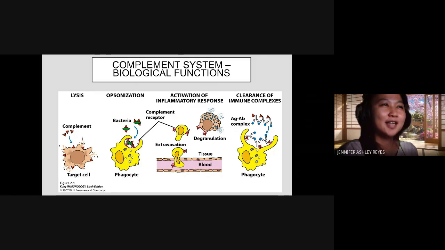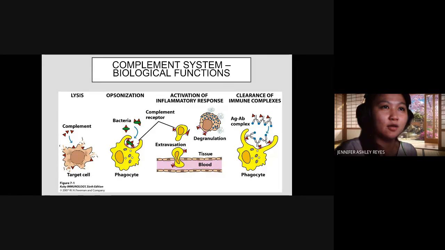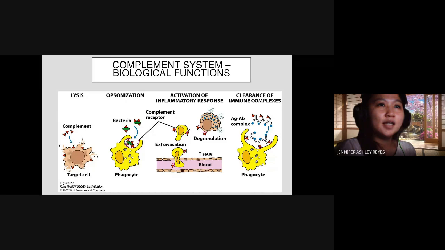Okay. Tagging of the pwedeng bacteria, pwedeng other types of organism. So, tagging, nakita niyo dyan, parang may color red na flag. So, i-cover niya yung organism para ma-identify ng phagocyte na ay abnormal to.